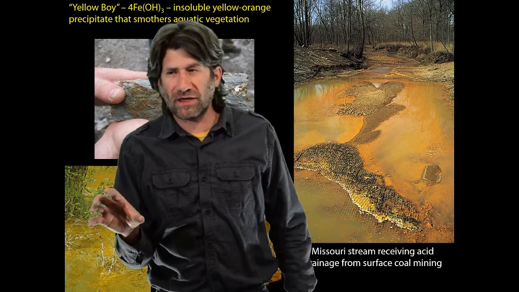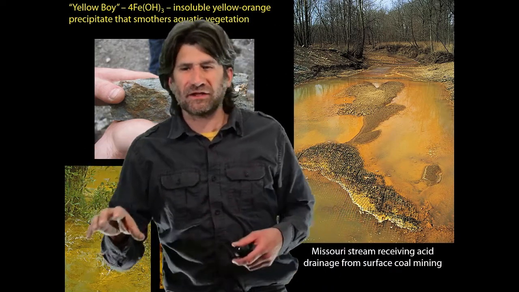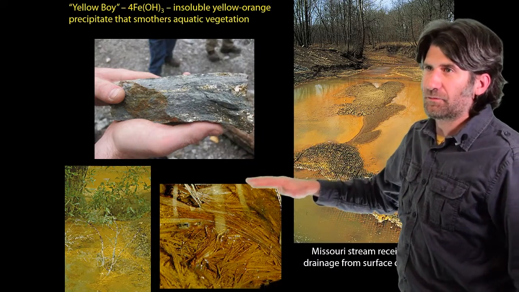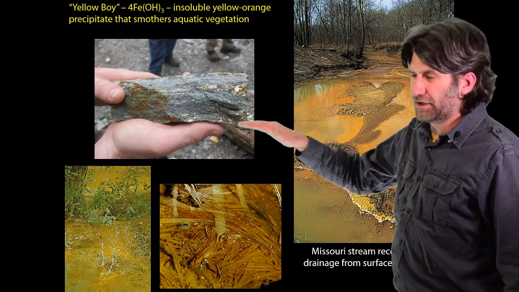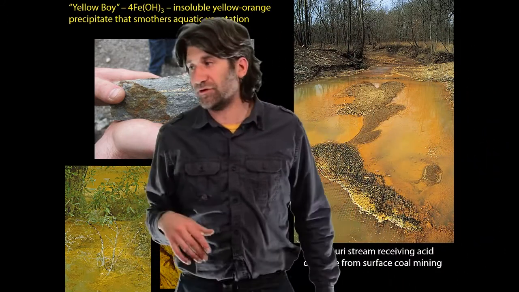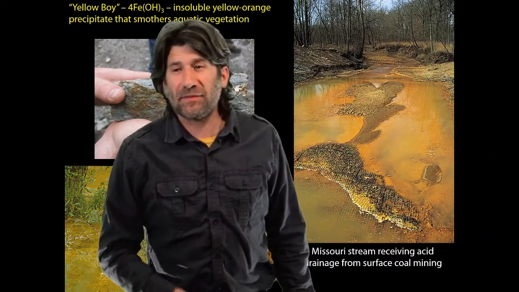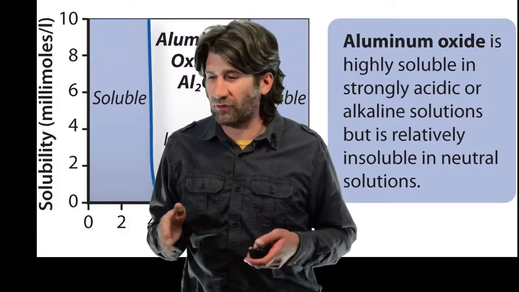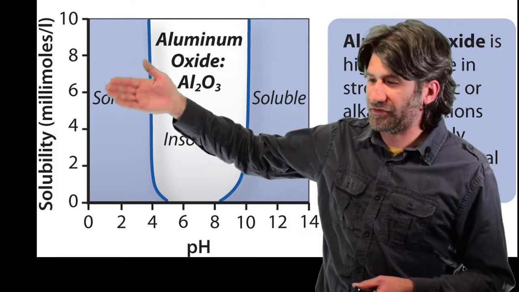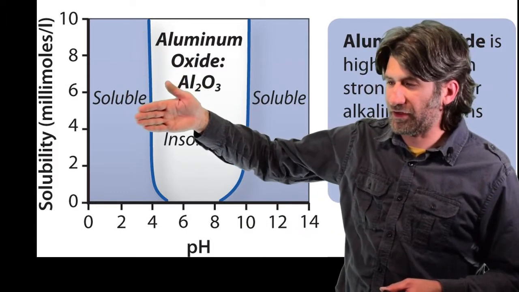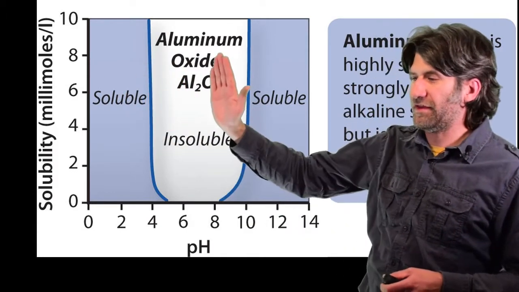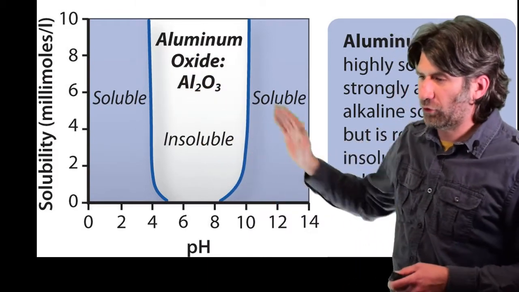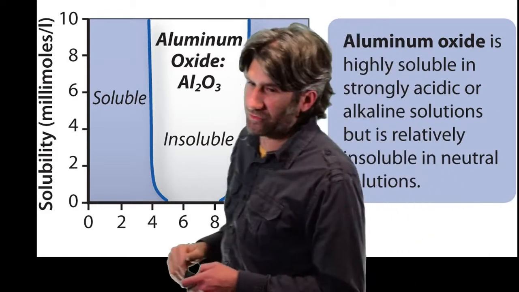You dissolve the metals, and then as you exit the mine, you precipitate out these really, really nasty metals, iron oxides and aluminum oxides, and that can smother vegetation, and that's a really big negative impact associated with mining. It's that acidic water that allows you to mobilize these aluminum oxides and iron oxides, and then they precipitate out. They're insoluble in more neutral environments, so they're kind of hard to get rid of.